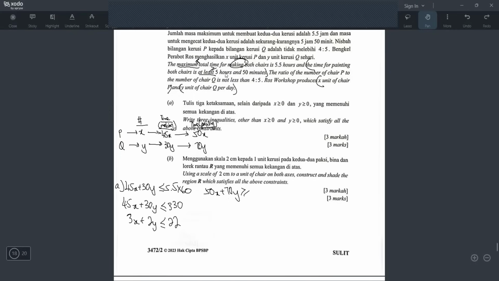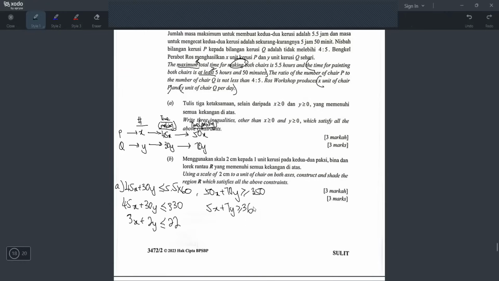Okay, 5 hours, how to convert to minutes? 5 times 60, which is 300 minutes. And then the 300 minutes have to plus the 50 minutes. So total is 350 minutes. And if possible to simplify, I always suggest to simplify. So divide by 10, divide by 10, divide by 10. So this is your second inequality, right?